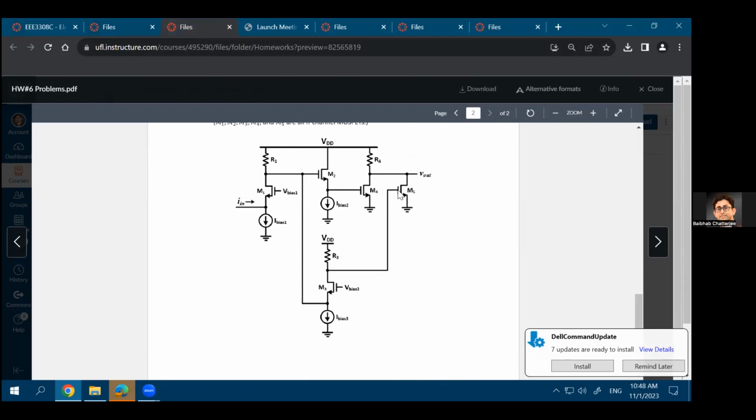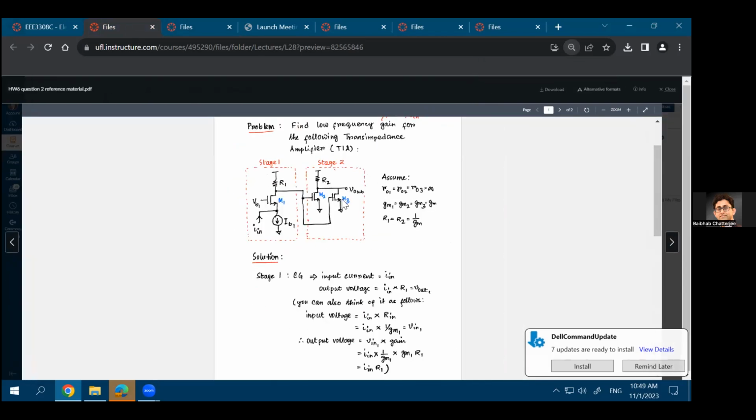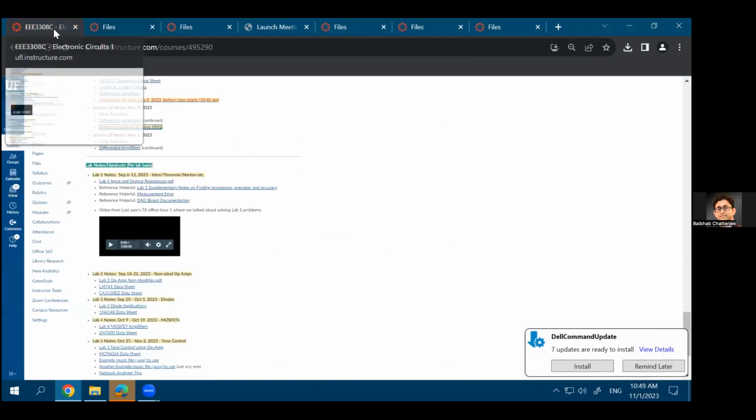You have two common source stages which are connected, not in parallel though, because the gates are not connected together, but the drains and sources are connected together. So you can basically look into this reference material to understand how to solve the second problem in your homework number 6. Okay, so that's a little bit about homework number 6 that's due next week.